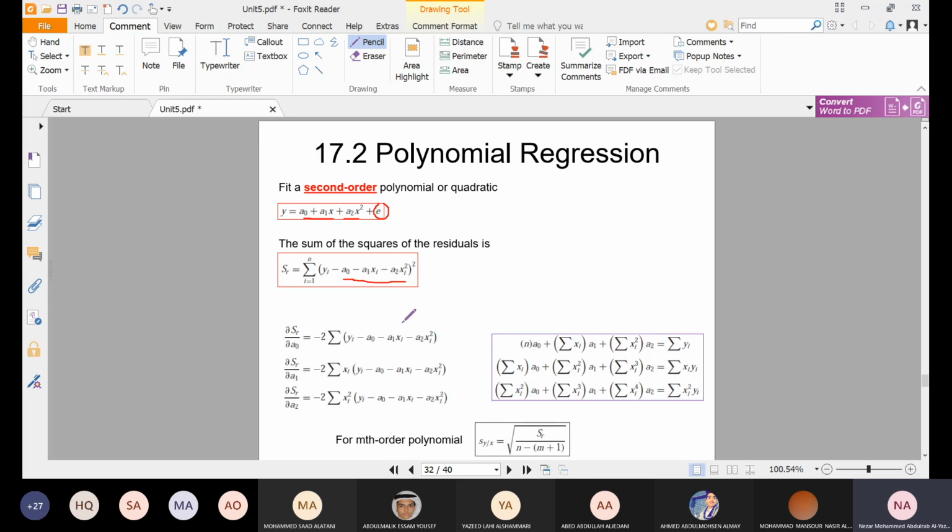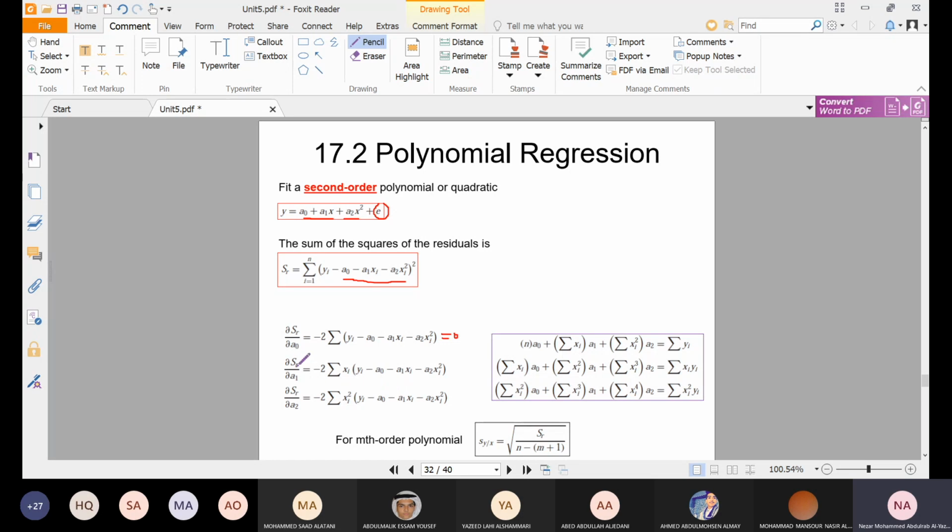What is of interest here is to find the values of the coefficients a0, a1, and a2, so we take the partial derivative of the error with respect to each coefficient. We take the partial derivative of the error with respect to a0, and we equalize this to 0.